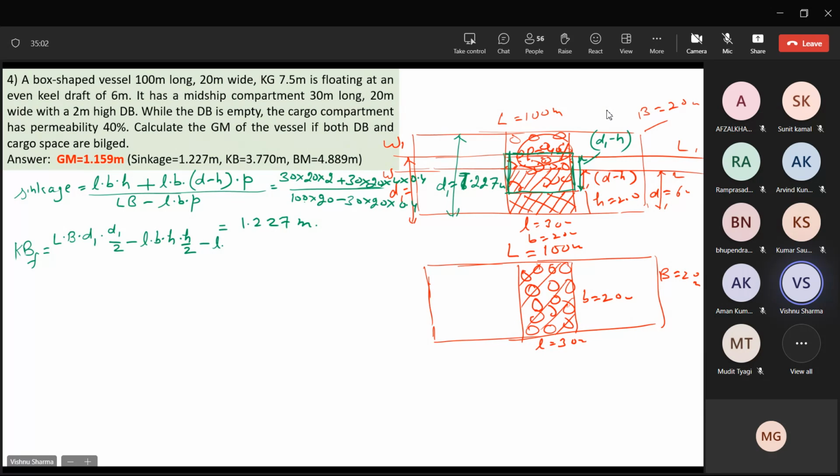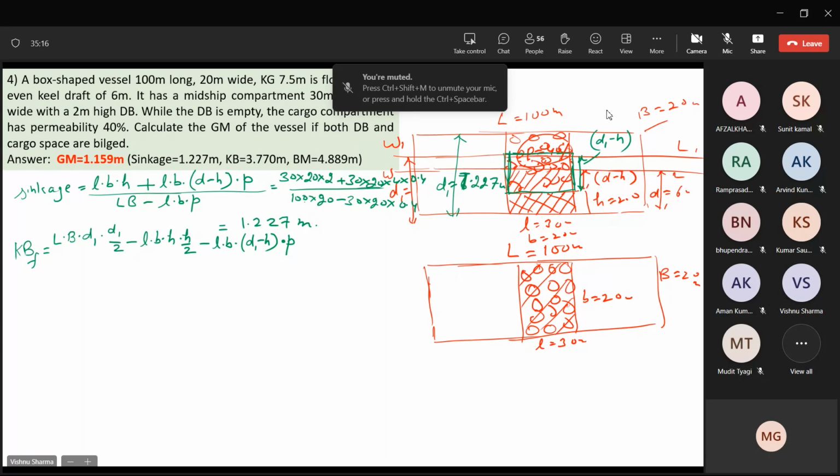Volume is LB into D1 minus H into permeability. This is the volume bound by the green box? Yes or no, guys? LB into D1 minus H into P is the volume bound by the green box. This is the volume which is under the water in the way of the cargo hold but not contributing to buoyancy, right, guys? Yes or no?